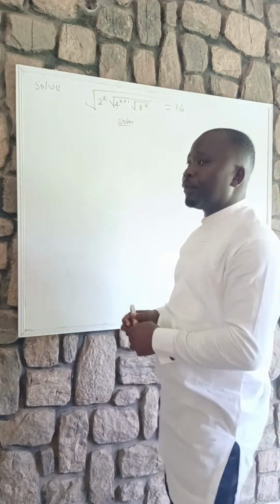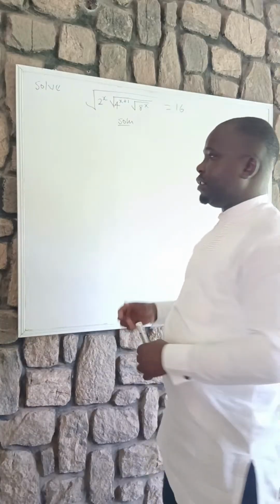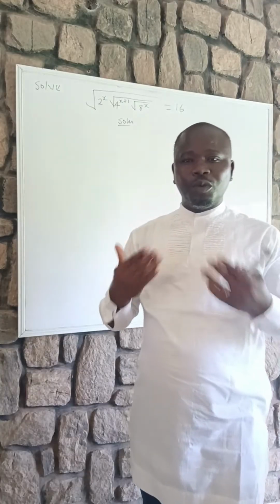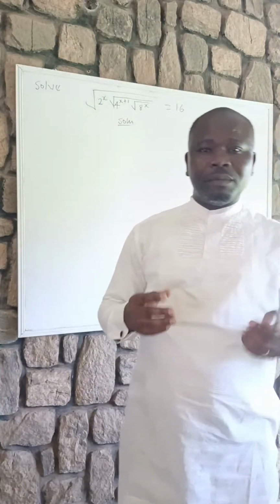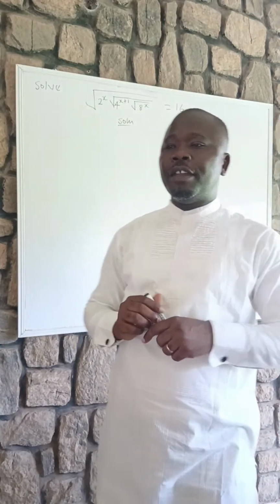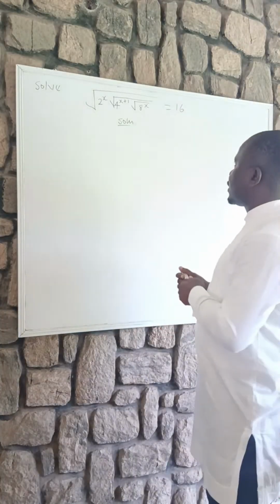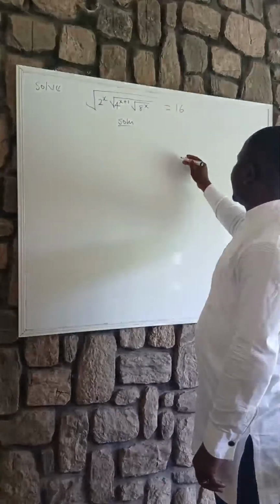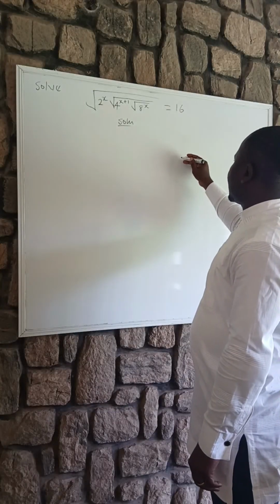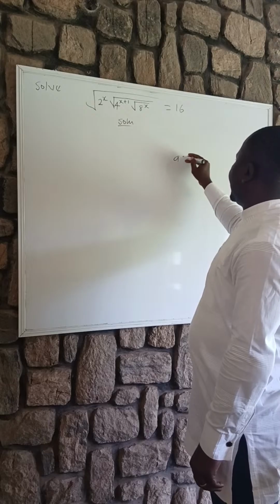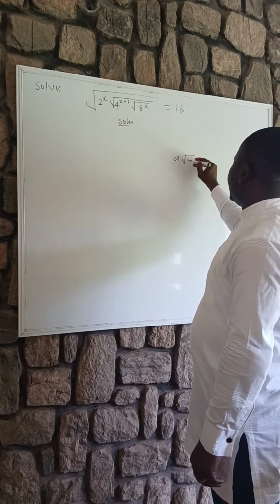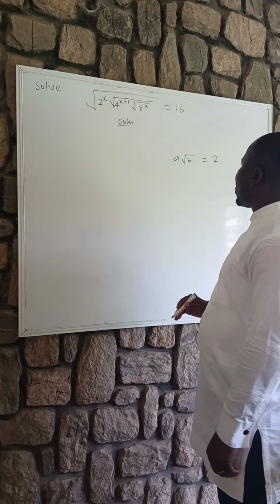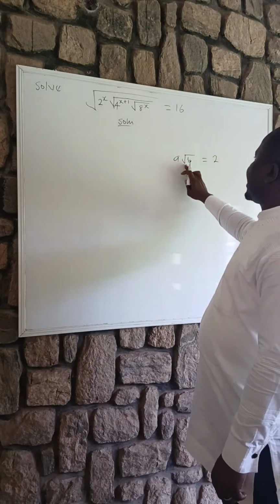But before we begin to solve this problem, there are some things I want us to know and understand in mathematics. That is the basics. So let me just write them out. Let's say you have the square root of b equals 2.